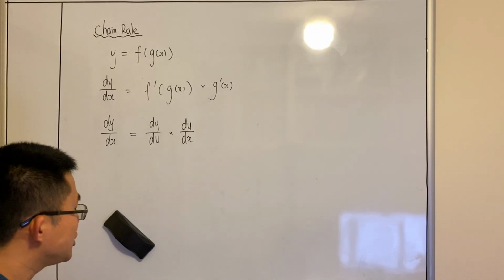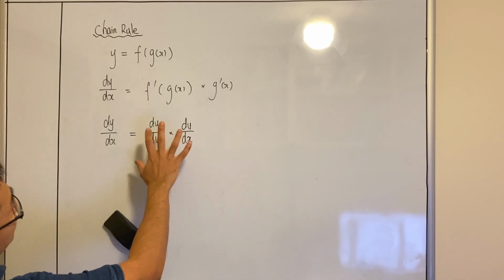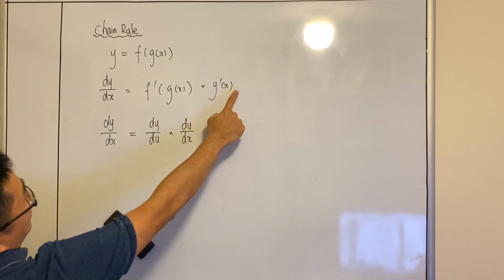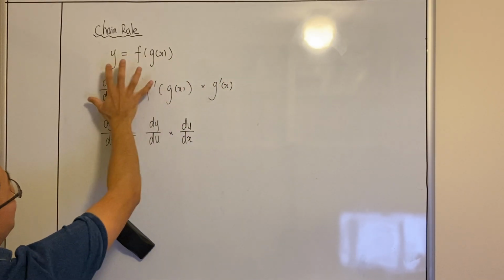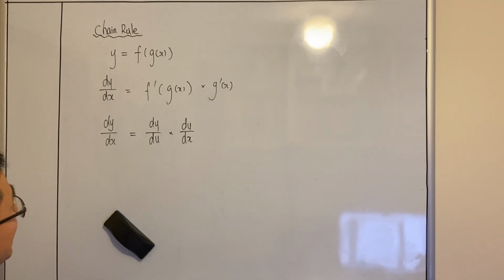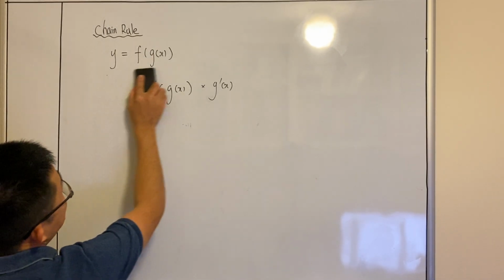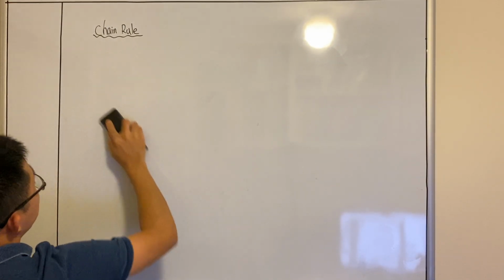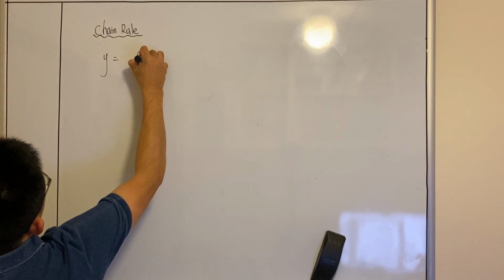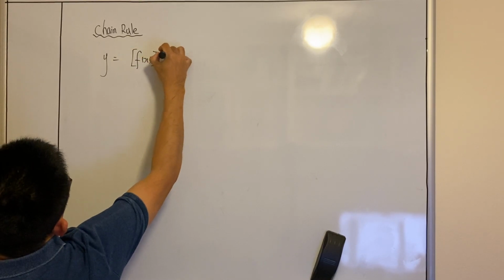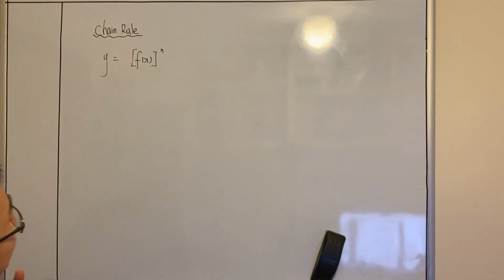But what is a reverse chain rule? Well, if you look at that, you need one extra derivative before you can integrate this entire thing back to the original function. So let's show you the first example. This formula here, y equals f x to the power of n. How do I differentiate that function?